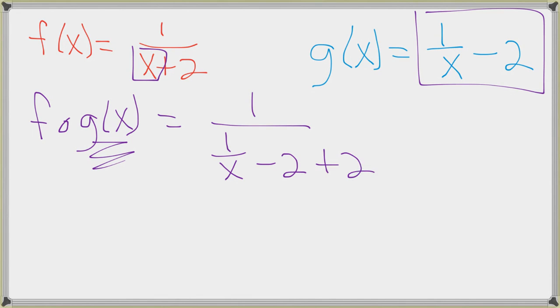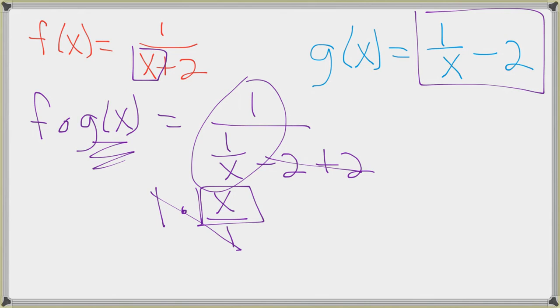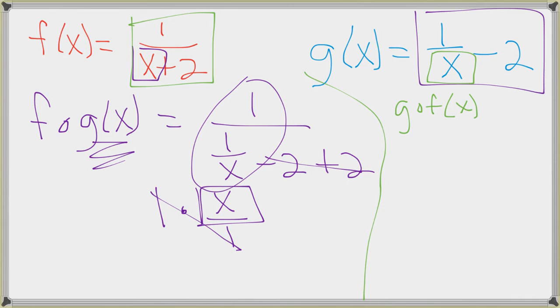The 2's cancel. We have 1 divided by 1 over x, which is the same thing as 1 times x over 1. Keep, change, flip. The 1's cancel. What's left? Just x. So we're not finished yet because we have to check the other one and verify that when we plug f into g that it's still going to cancel. So g of f of x is, take the whole red function, 1 over x plus 2, and plug it into the blue function.